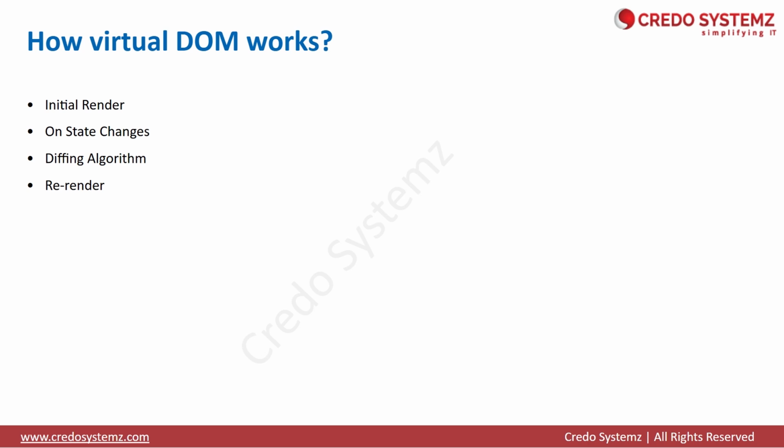Now we know what the DOM is and what the virtual DOM is. Now we need to understand how the virtual DOM works. The virtual DOM gets created at the time of the initial render of the component.